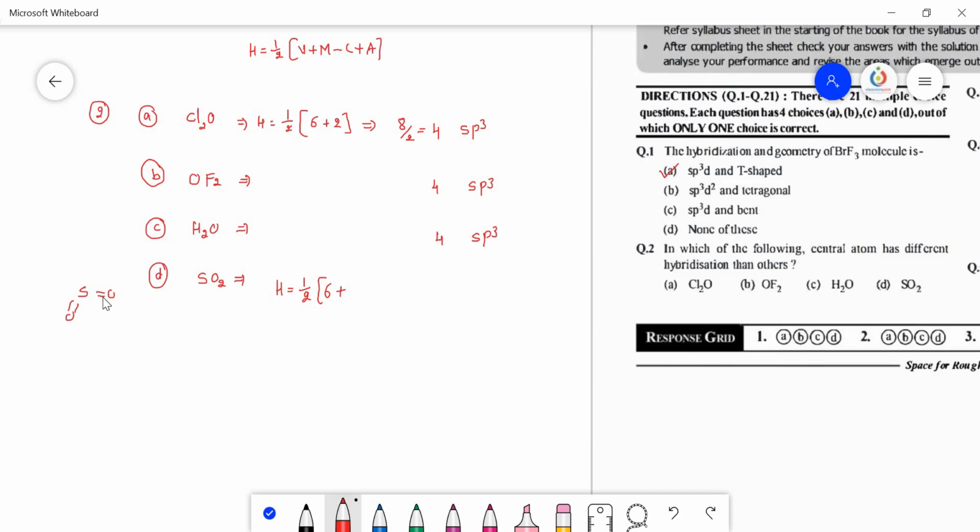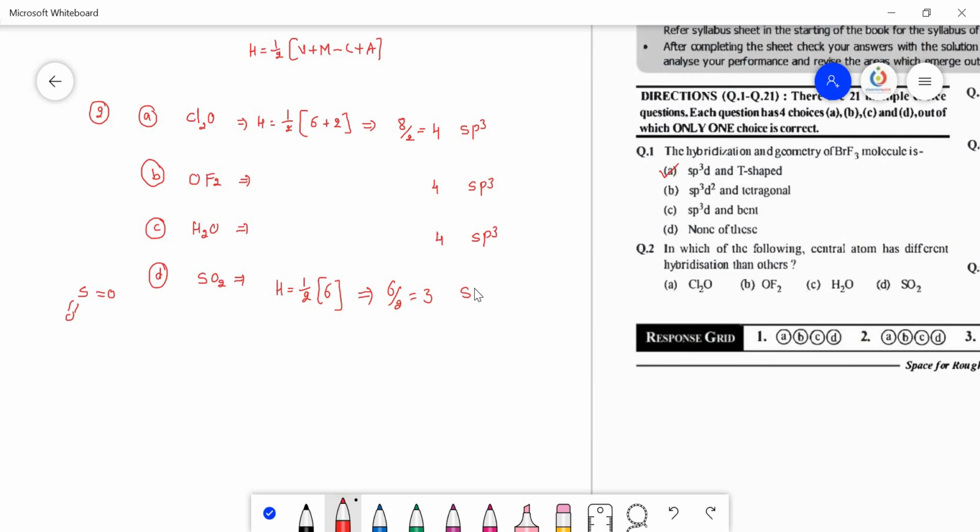Whenever a double bond is formed, do not count the one bond in the double bond. We have to neglect all of these. So 6 plus nothing, because no positive charge, no negative charge, no single bond, only double bonds are there. Some people may consider one bond in each double bond, you should not do like that. So it equals 6 by 2 equals 3.